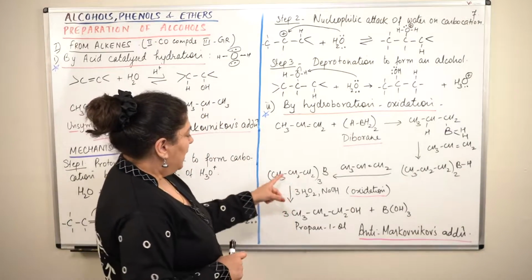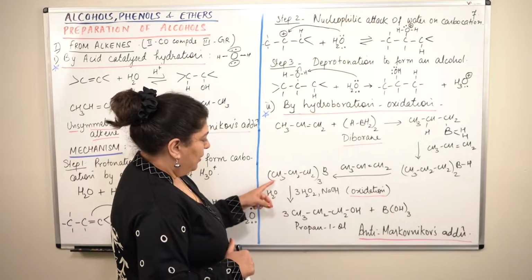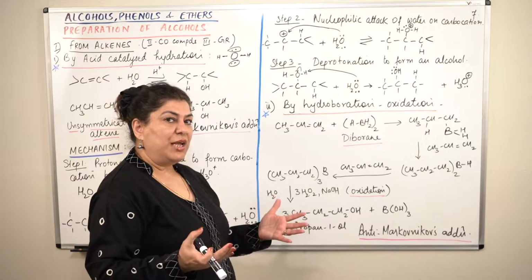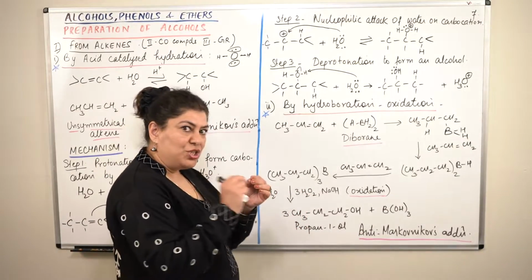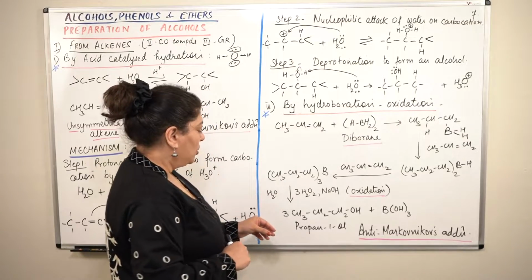So what happens as a result of this oxidation? Oxidation can be described as addition of oxygen. So since oxygen is attaching itself through the OH groups, we'll call it oxidation.